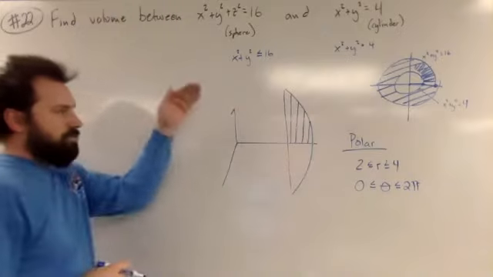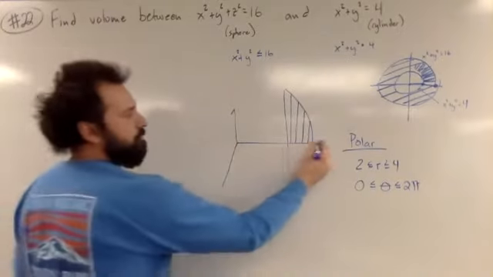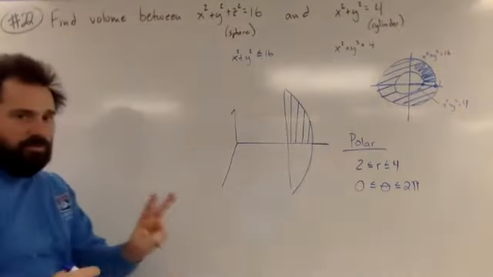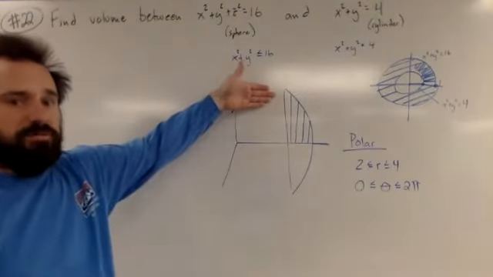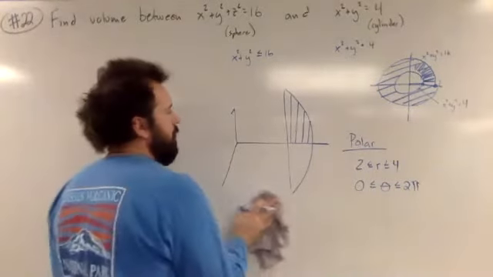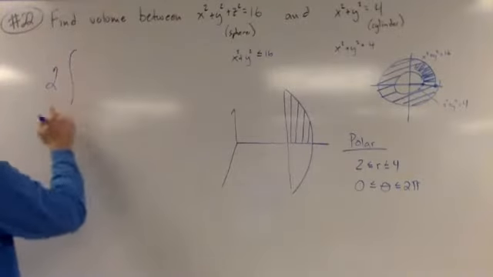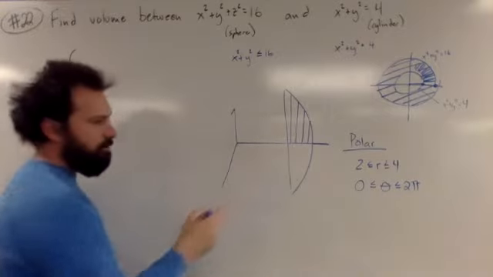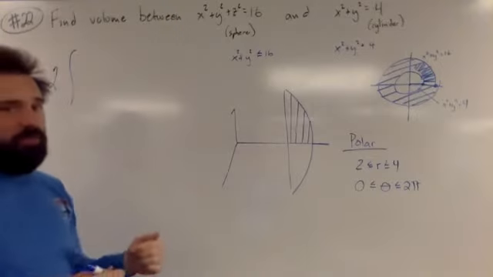The reason I'm only drawing it going down and not into the negative values is that if I take just the positives, I can integrate and multiply by 2, because the volume on the bottom half is going to be the same as the volume on the top half. That's why I have this 2 out front of the integral: I'm just going to find the top hemisphere and then multiply it times 2 to get the total volume.